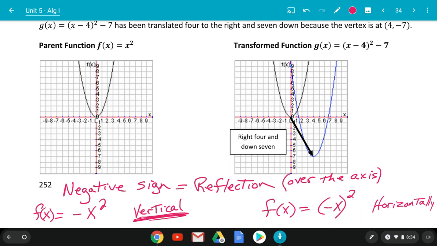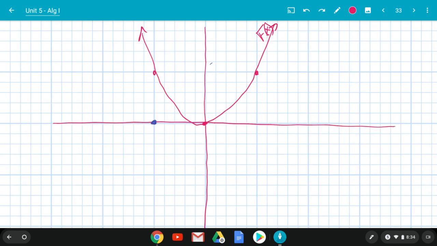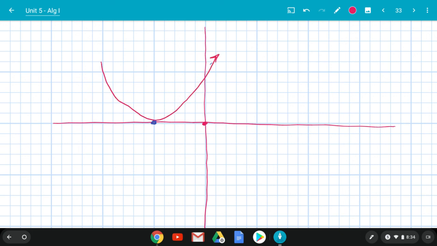Stay with me. Let's go here. This one would be hard to see the reflection, that first one. But let's say this is my original function. If I'm going to reflect it vertically, it would look like this.